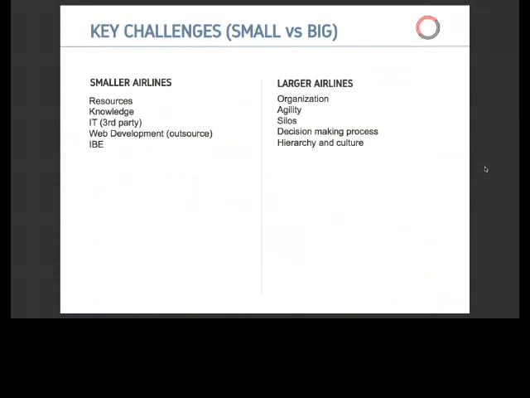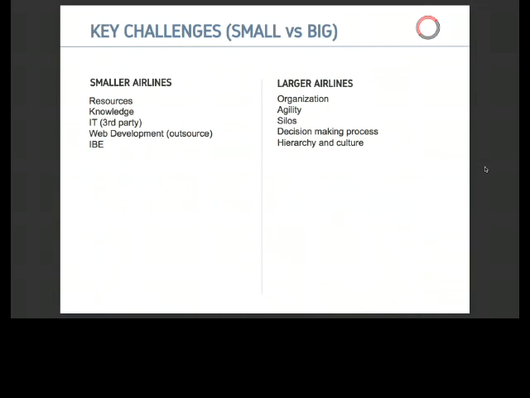For the smaller ones, one of the key challenges is resources and knowledge. A lot of them have online marketing or growth teams that have very generalistic knowledge, because it's difficult to have a lot of specialization when the teams are small.